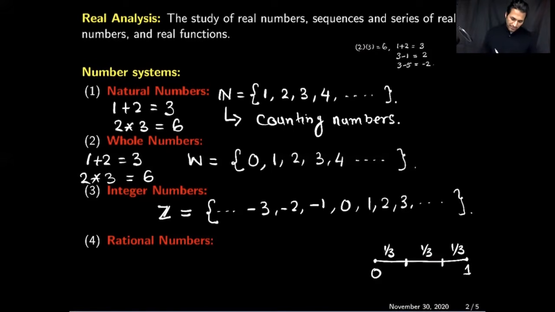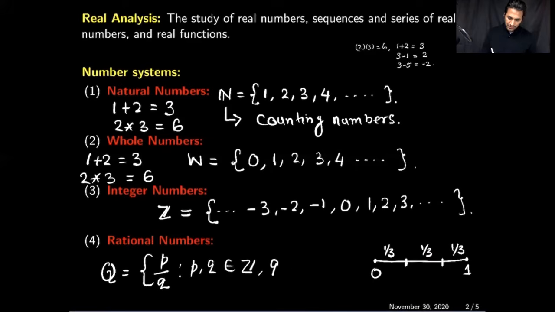So what is a rational number? They are denoted by the letter Q. They are all written in fraction form p over q, where p and q are both integers.